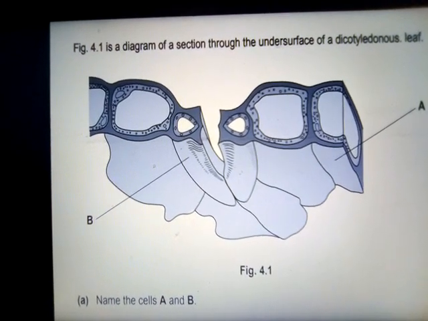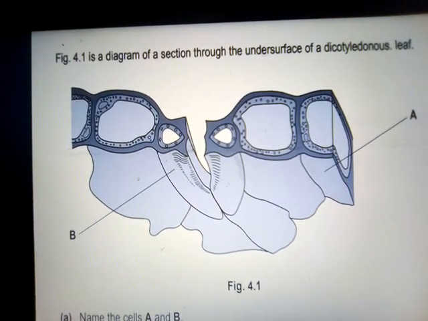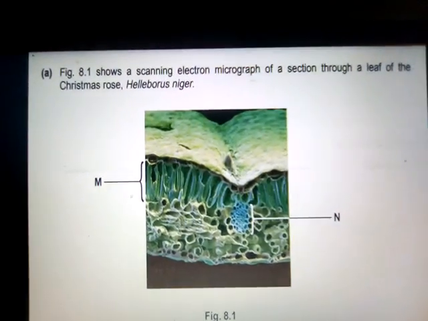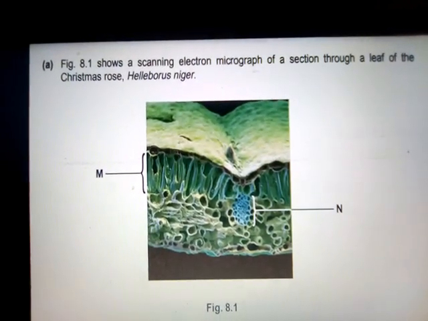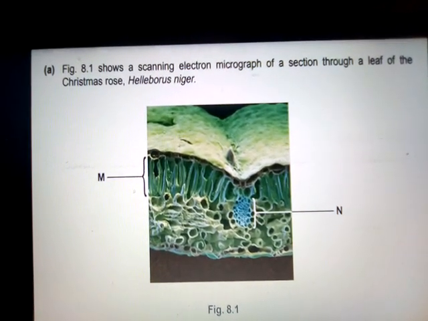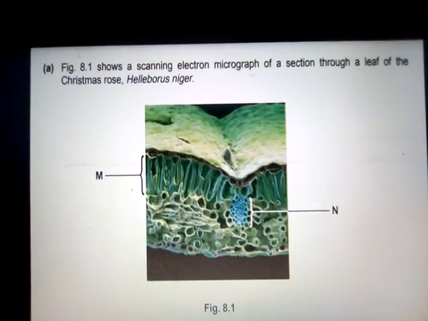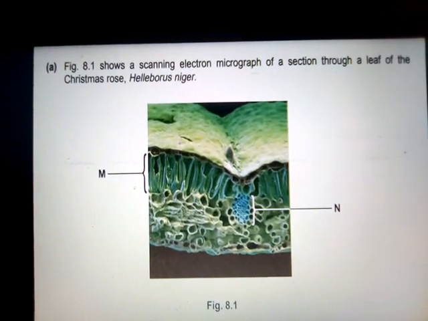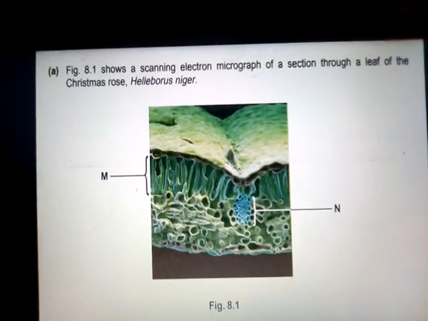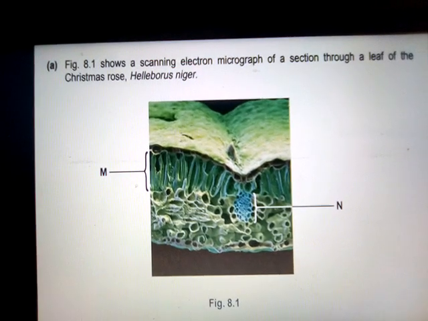Identify the parts A and B. Figure 8.1 shows a scanning electron micrograph of a section through a leaf of the Christmas rose, Helleborus niger. Identify the parts M and N.